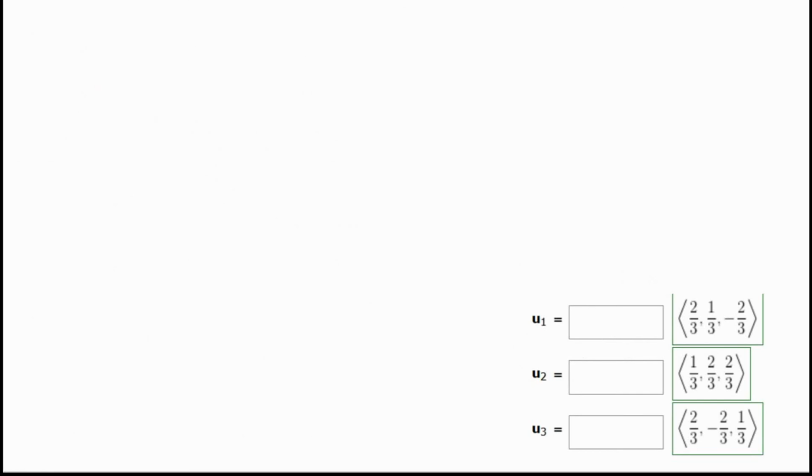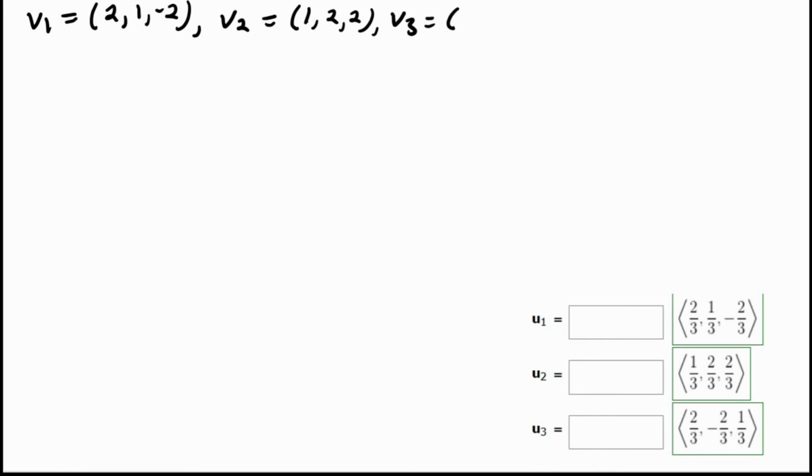So we have v sub 1, and that is 2, 1, negative 2. V sub 2 is 1, 2, and 2, and then v sub 3 is 2, negative 2, and 1. So from here I'm going to use the process to find the orthonormal vectors.